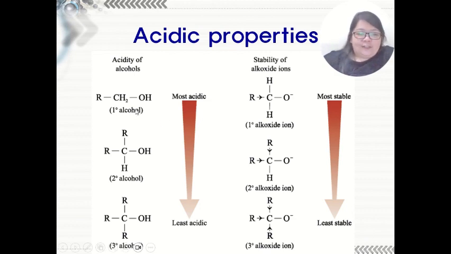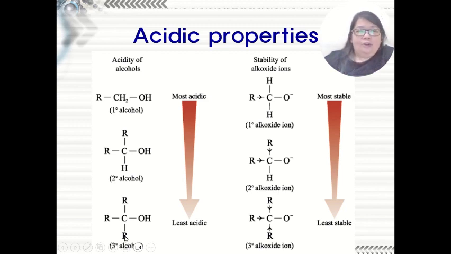Now, look at the trend first. Primary alcohol, secondary alcohol, and tertiary alcohol. The most acidic one will be primary alcohol, followed by secondary alcohol, and tertiary alcohol is the least acidic. So remember this trend. Now I'll explain why. Primary alcohol has only one alkyl group, secondary alcohol has two alkyl groups, and tertiary alcohol has three alkyl groups.